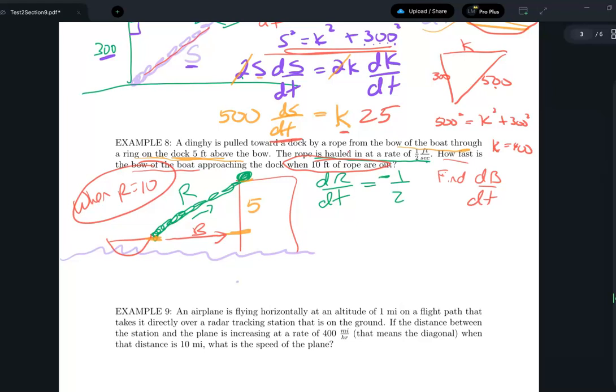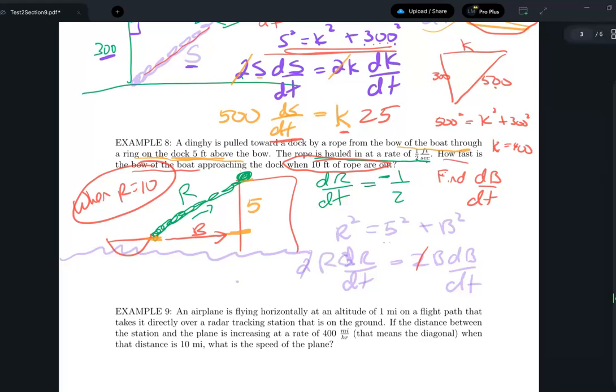Okay, so I've got r squared is equal to 5 squared plus b squared. I take the derivative. Derivative of 5 squared is 0. Oops, I miswrote that, didn't I? So to take the derivative of r squared, it's 2r times dr over dt, and the derivative of b squared is 2b db over dt.